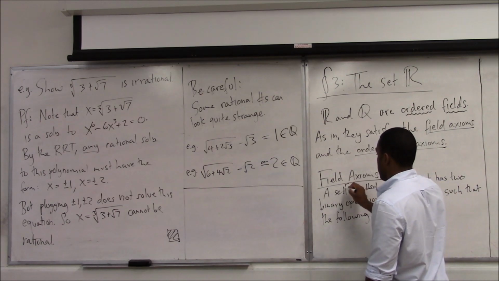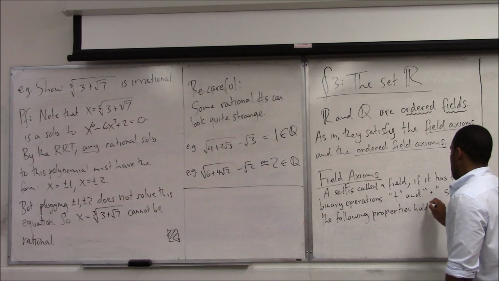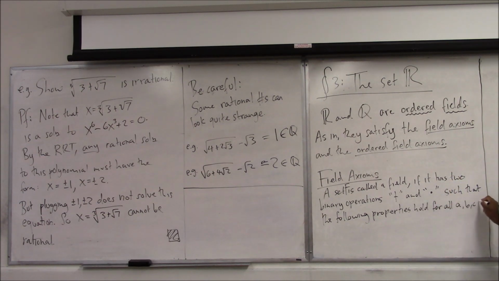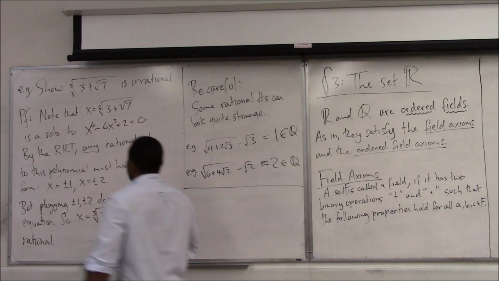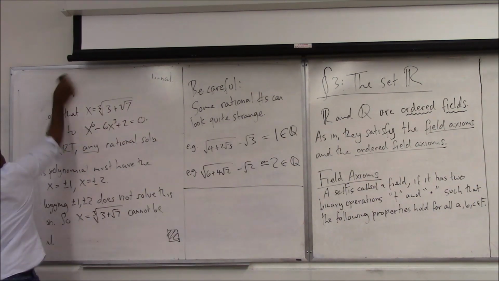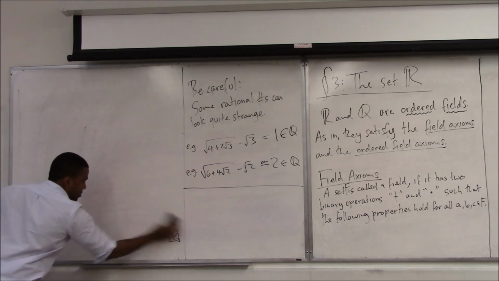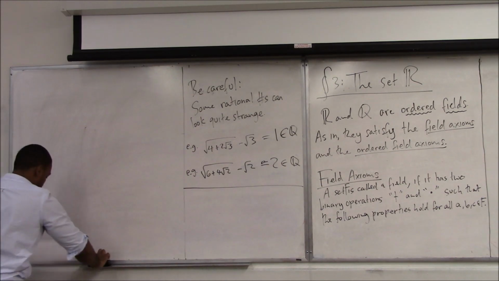Let's call this set F, big F, such that the following properties hold for all A, B, C in F. And here are the properties. This is what makes a field. They are defined by our axioms.